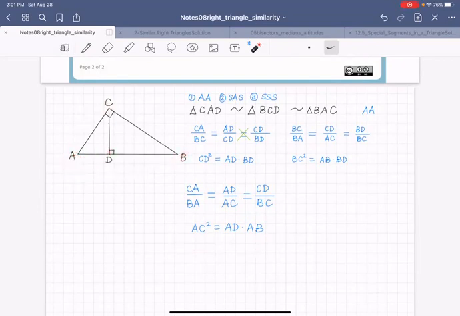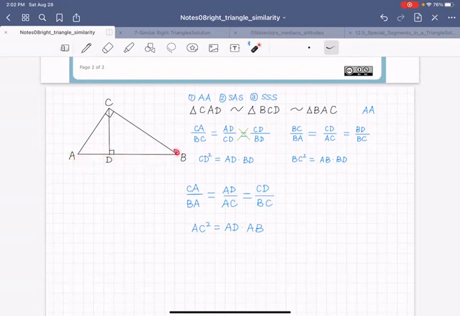Okay. So let's look at these three theorems again. This center one squared is these two guys' product. This center one is the left guy times the right guy. And this AC on the left, this guy squared is AD times AB.